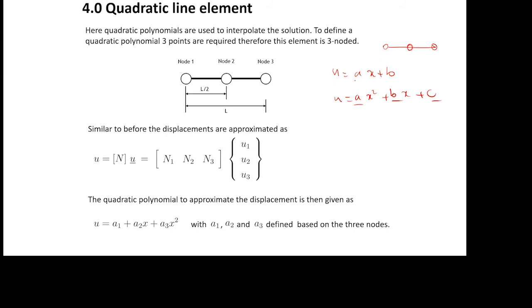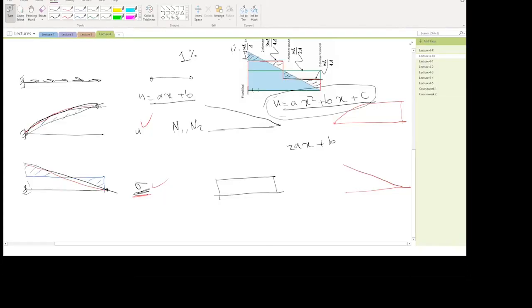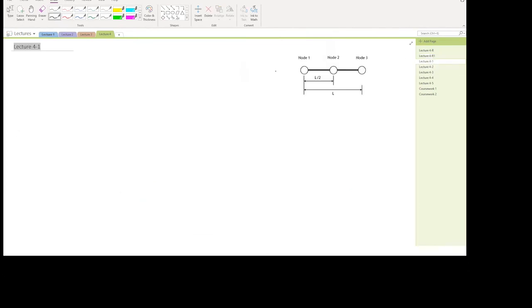Okay, so I'm just going to derive the shape functions for this element just the same way like we did in the previous element. First of all, I'm just going to rewrite the expressions we had for the two-noded element, just to remind you of that. And then I'm going to show you how these expressions would be exactly the same once we move into the quadratic element.